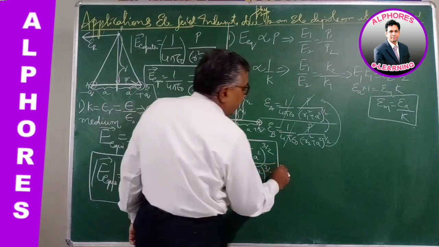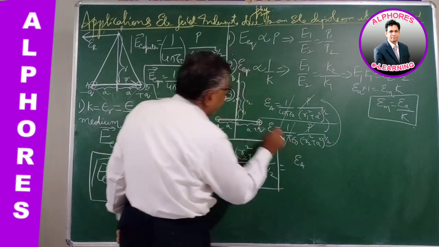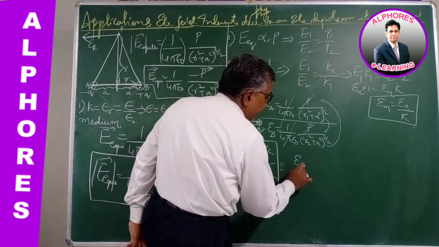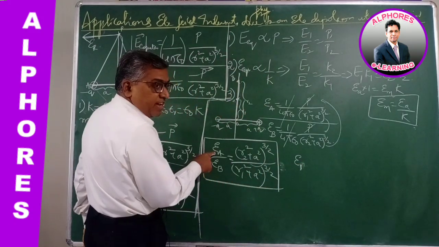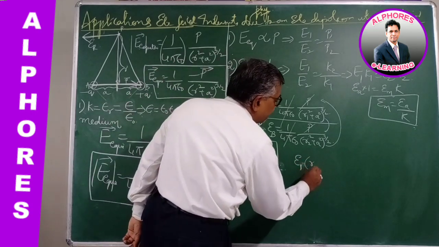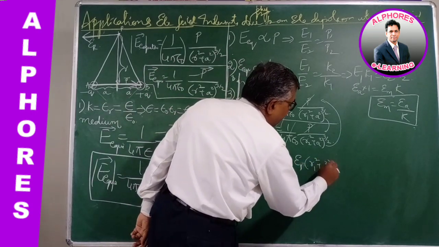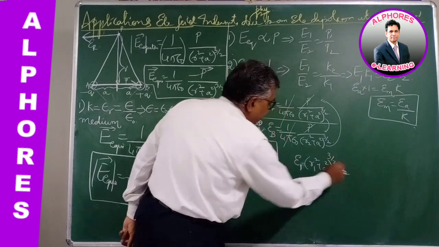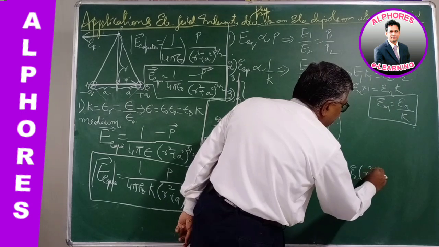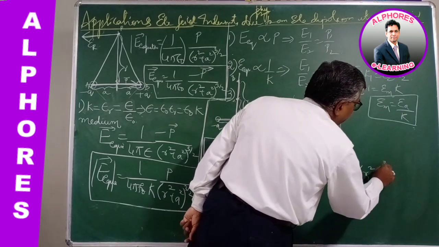EA by EB, so this is EA, the electric field at point A, let us say this is E1. EA is E1, right? Cross multiplying, E1 into R1 square plus A square whole power 3 by 2 is E2 into R2 square plus A square whole power 3 by 2.